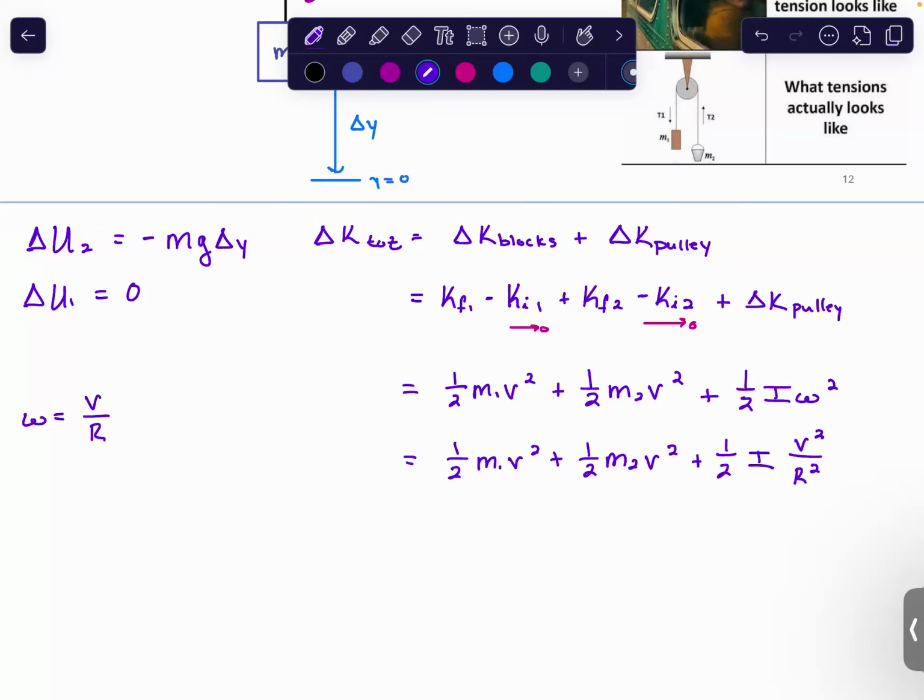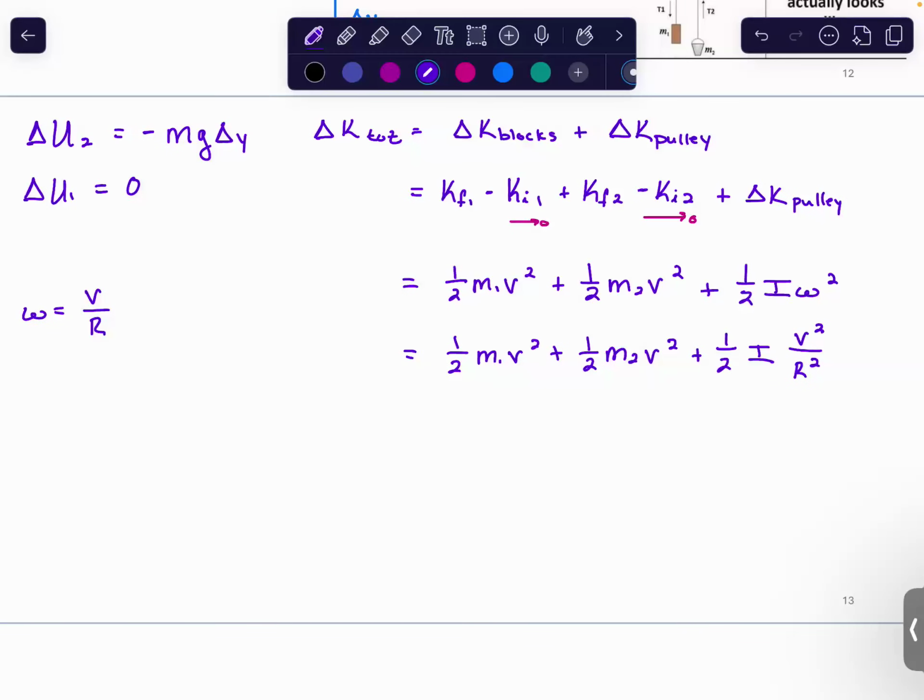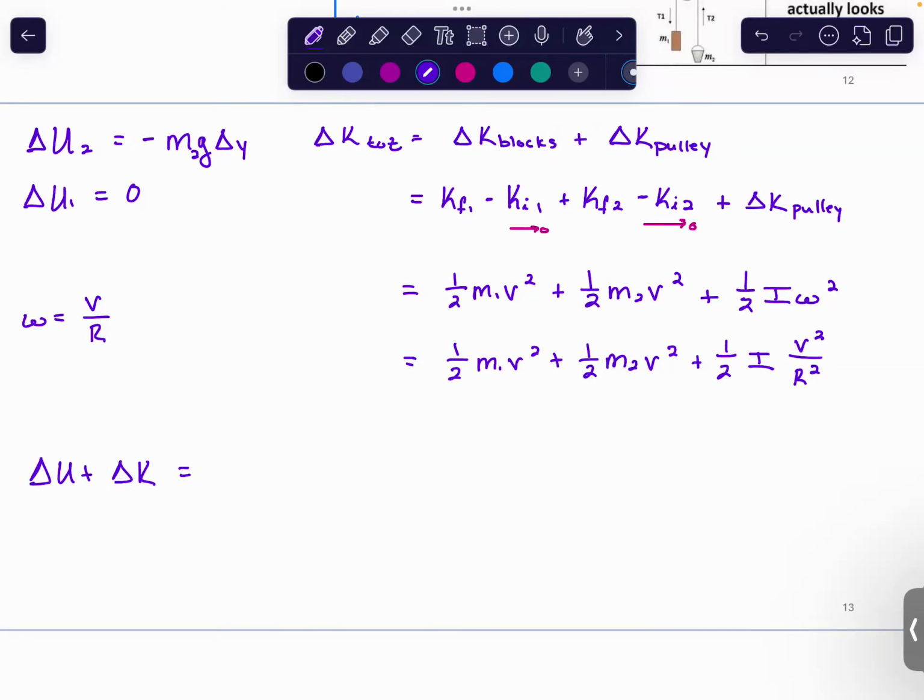And now what we're going to look at is the total energy of the system. Basically the work done on the system. Delta U plus delta K. Remember our delta U, oh, that's mass 2.